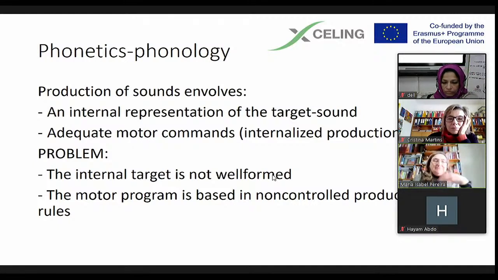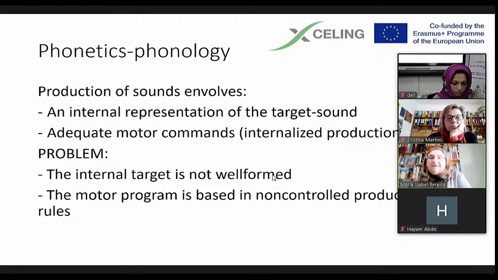But your organs are prepared to articulate the sounds of your language or languages. And so the motor program has internalized certain rules of production.